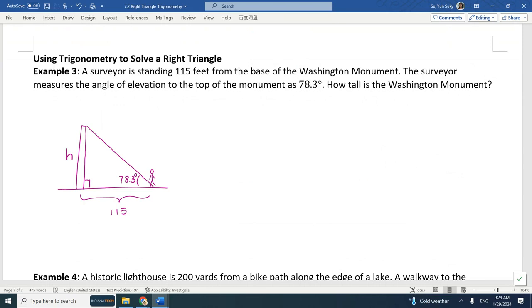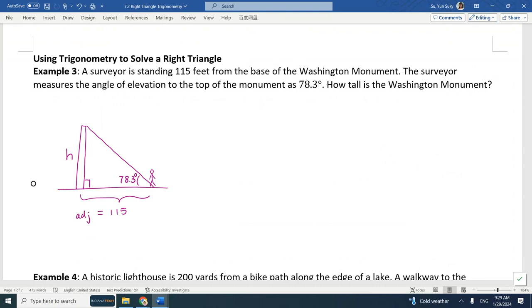Alright. So we draw the picture. So we want to know the height. The height we usually use H. Okay. Now this is our angle. It's 78.3 degrees. And this is the side we know. What's the relation between this side and this angle? Adjacent. So this is adjacent.